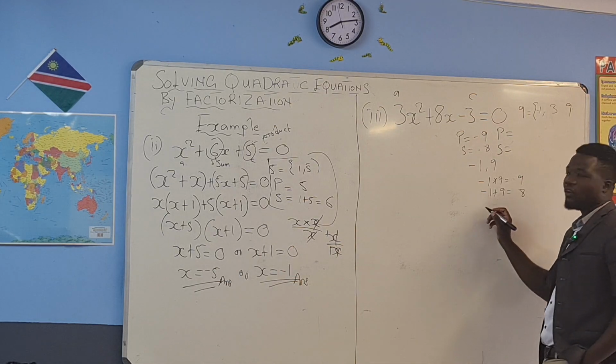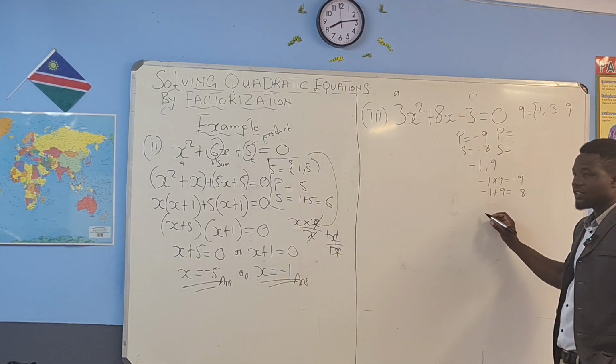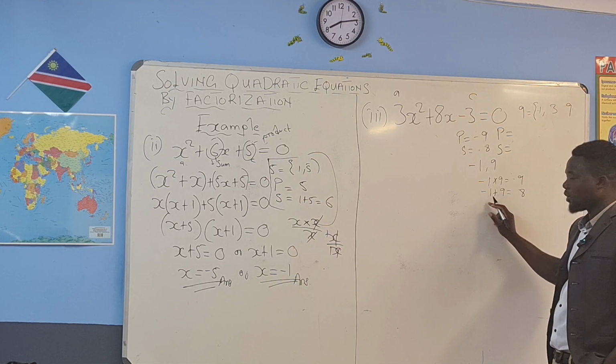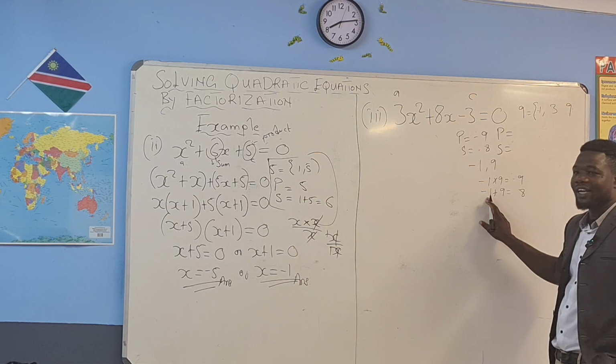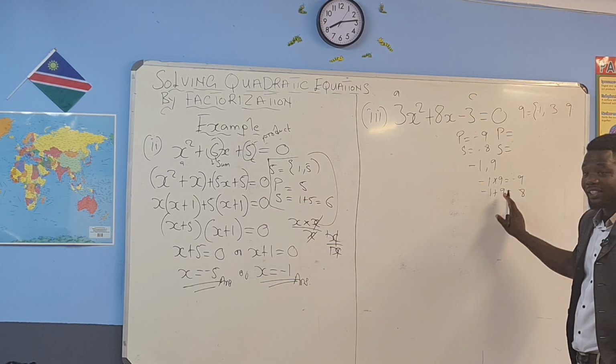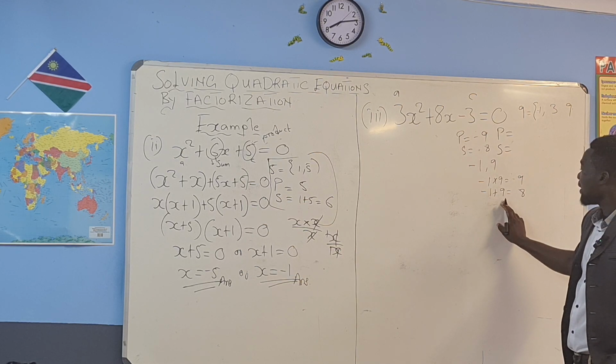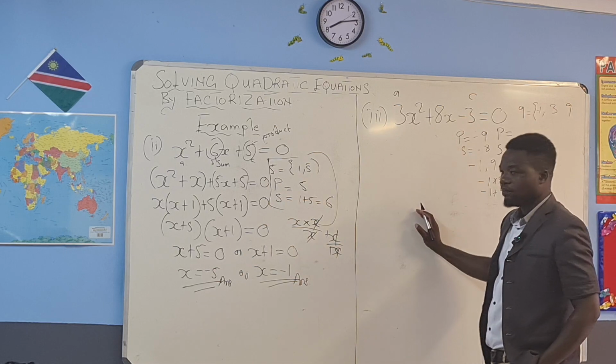From here, we are going to introduce x. So -1 will be -x, and this 9 will be 9x. Let's go back to this.